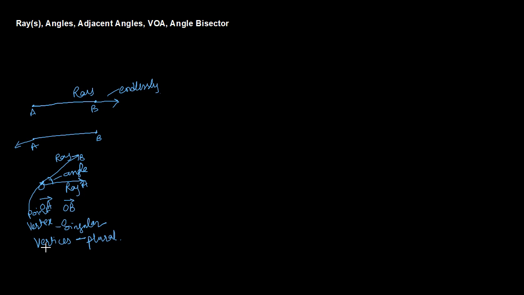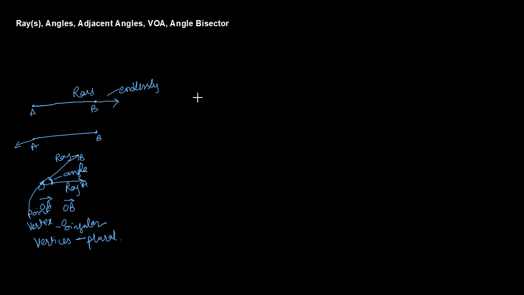So a triangle or any other shape might have more than one vertex, so they're all called vertices. So starting from one vertex, two rays are drawn and they make an angle in between them, so that's an angle.